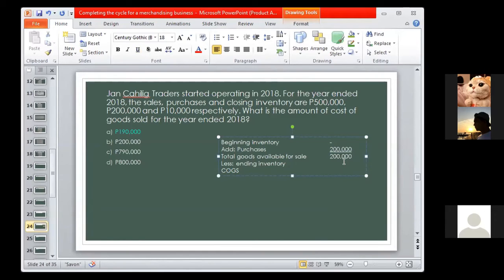And then, i-less niyo na yung ending inventory na 10,000. Yun lang yung computation nito. So, equals 190,000 pesos. Ayun, sagot.